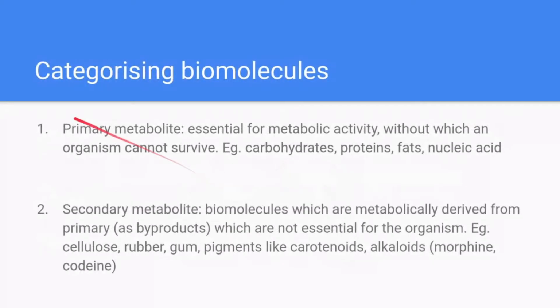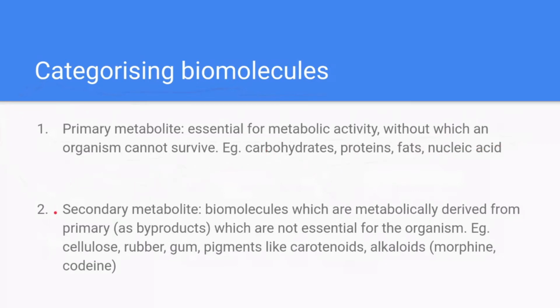Okay. Categorizing biomolecules in another way: a primary metabolite is essential for the metabolic activity of an organism, without which it cannot survive. Like if I take all the carbohydrates, proteins, and fats out of your body, you'll be dead the next moment.